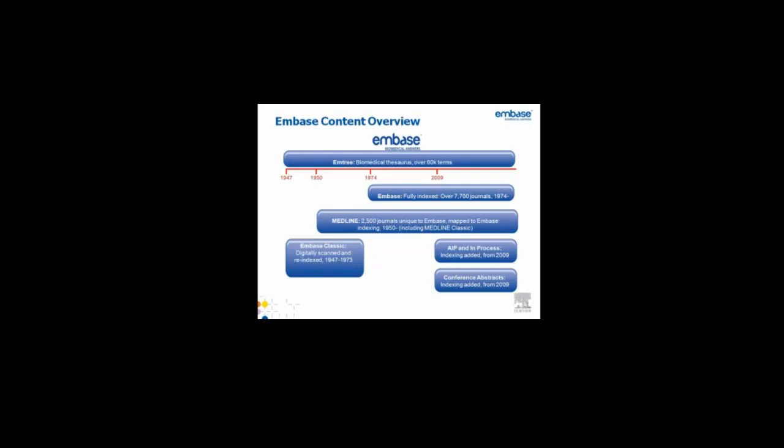Conference abstracts are not always prominent. We do cover conference abstracts back to 2009, and of course the currency, articles in press, and in process are also included. And for more information on coverage, you can check out our info site, and you'll get a full list of conference abstracts and indeed journals as well.